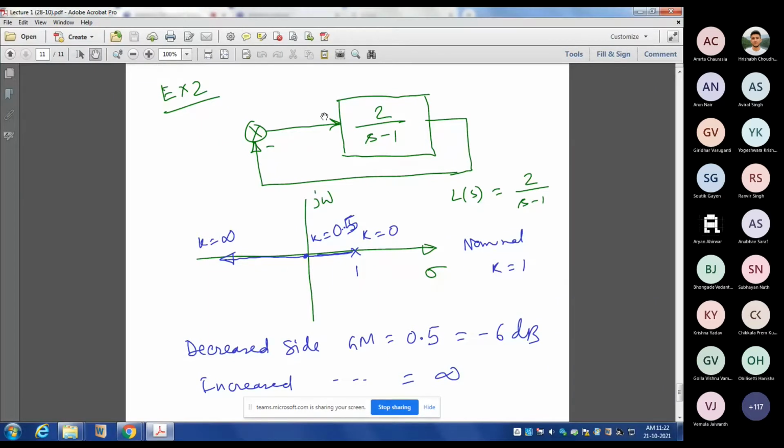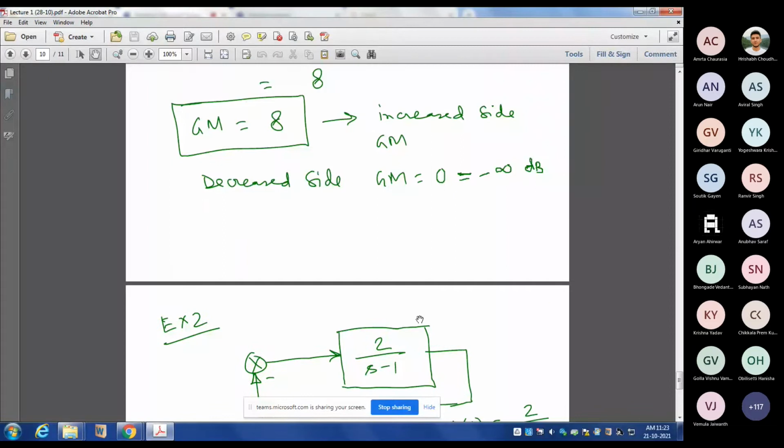Here if you have k equal to 1 and you reduce the gain k below 0.5, then it will become unstable. So at least 0.5 is needed. That means for unstable plants, you will find some lower side gain margin also.